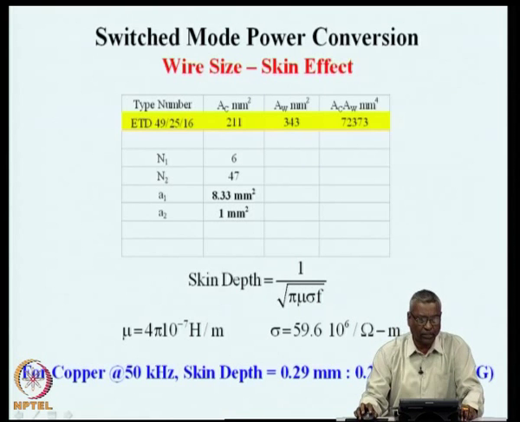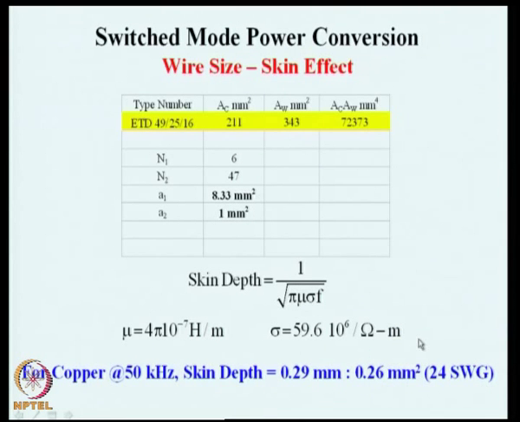There is one other important point to see. Whenever we process power at high frequency, the standard conducting material is not capable of carrying current across its entire cross section, and this particular property is known as skin effect. As you go to higher and higher frequency, the current is limited to the surface of the conductor, and it does not flow through the entire cross section.